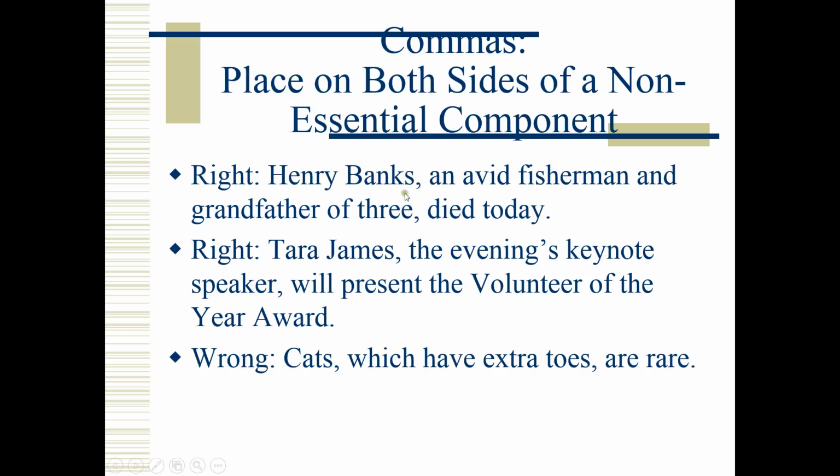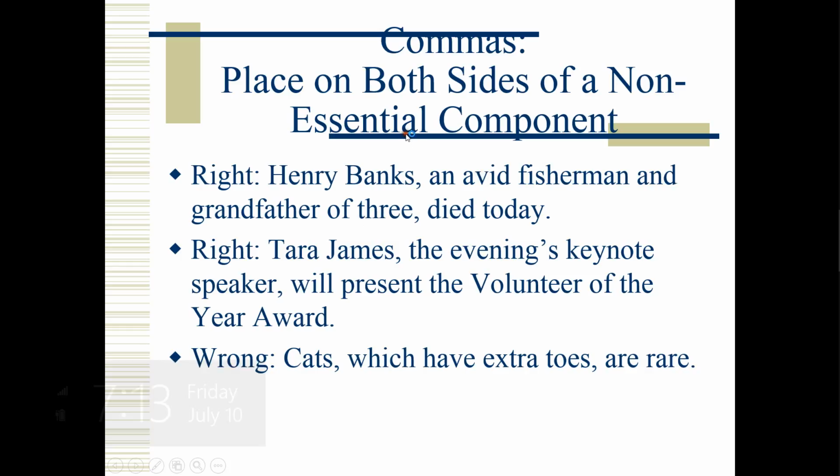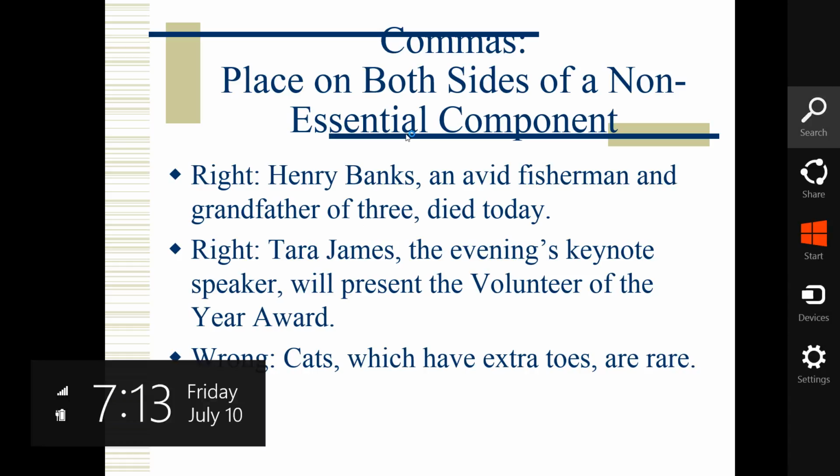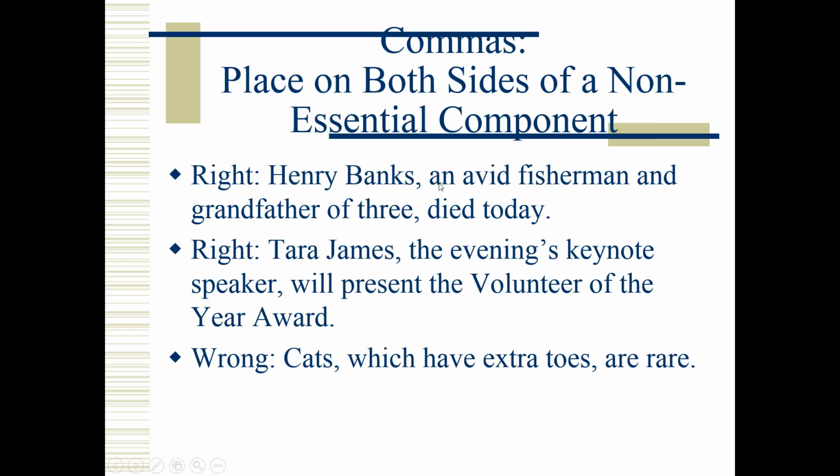And because of that, because we can just say Henry Banks died today, we add in that modifier and have that be a logical statement and a grammatically correct independent clause. That's why we can put commas around that stuff in the middle, around that non-essential component.